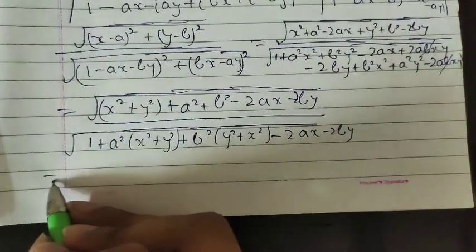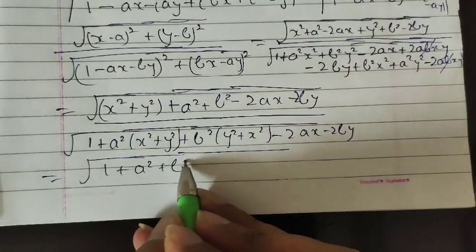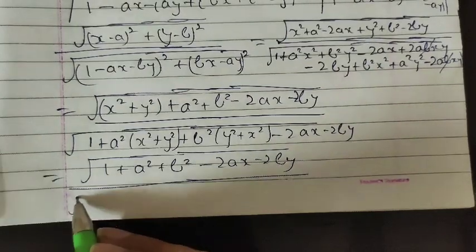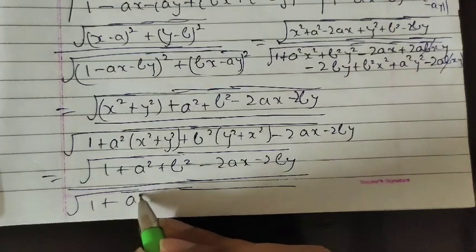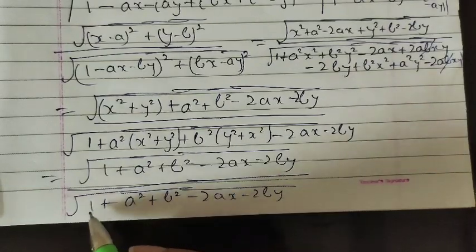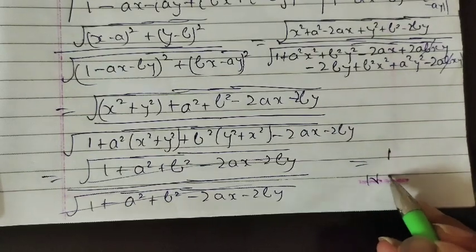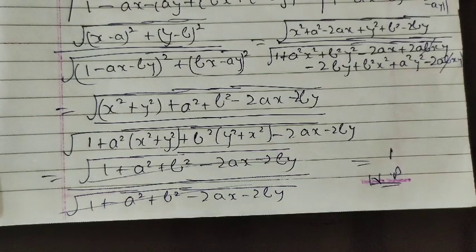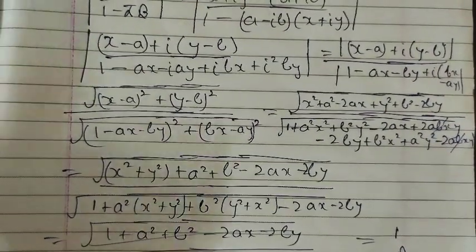We have proved above. So that will be equal to square root of 1 plus a square plus b square minus 2ax minus 2by, divided by square root of 1 plus a square plus b square minus 2ax minus 2by. So both the parts are same, so cancelling both the parts we get answer 1. So that's what we have to prove, hence proved. So modulus of beta minus alpha upon 1 minus alpha bar beta is equal to 1. So this is our complete solution, right?